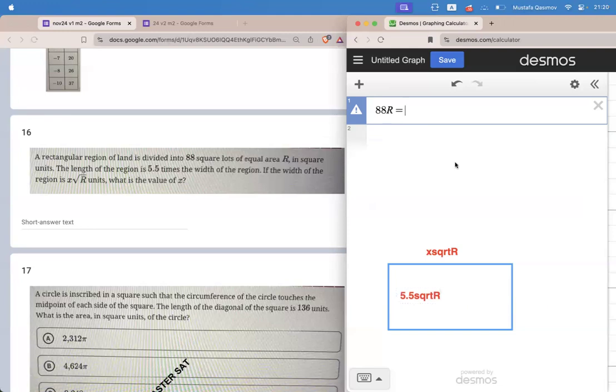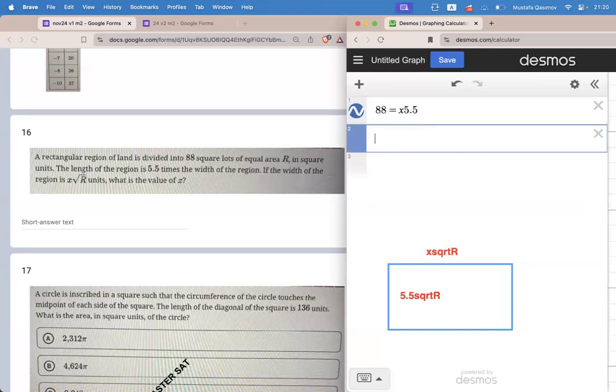Then when you multiply, 88 divided by 5.5, we look at what squared gives it: 16, right, so that is 4. x square root of r multiplied by 5.5 square root of r. Then we can actually eliminate r, right? If you want, you can write 10 or 100 instead of r, it's not important.